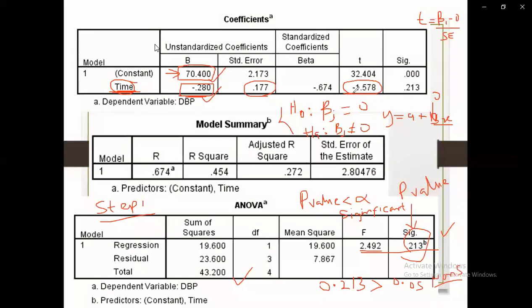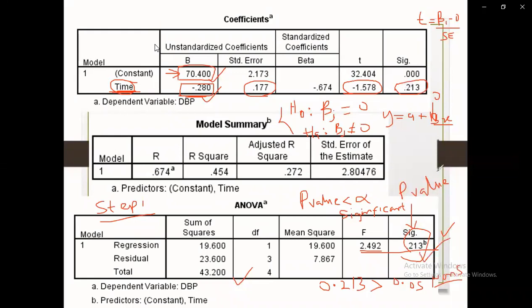Then the question is, what next? The computer generates the p-value for you as usual, and we use this p-value to compare with our alpha value. We can see a p-value of 0.213. It's the same p-value we have in the F statistic.